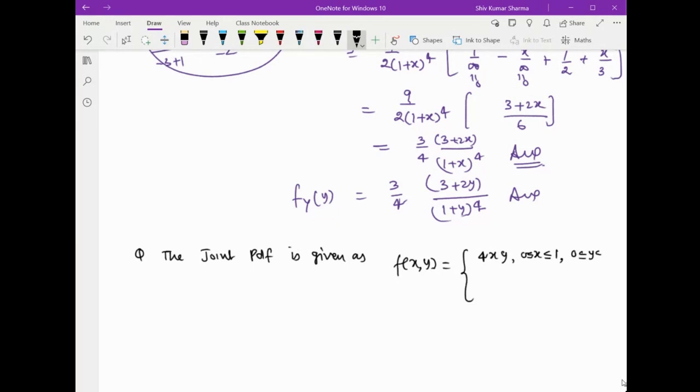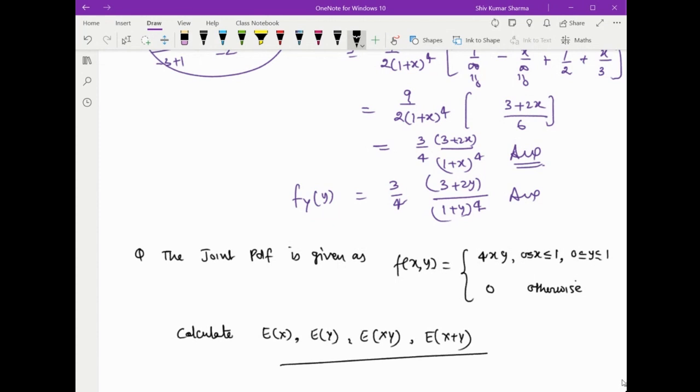The limit of y is also given as 0 to 1, and 0 otherwise. The function is defined 0 otherwise. Calculate the expectation of x, expectation of y, expectation of xy, expectation of x plus y. This question can be asked.